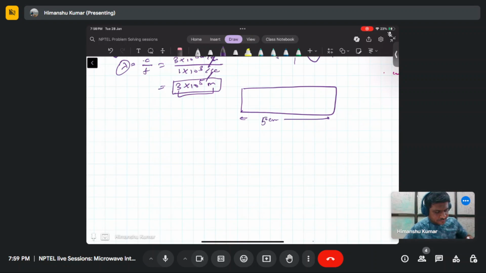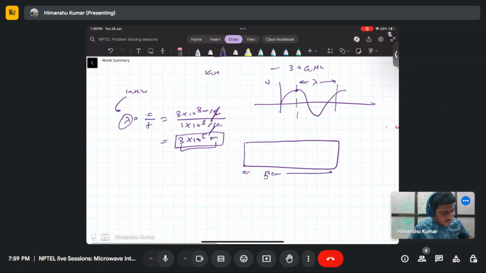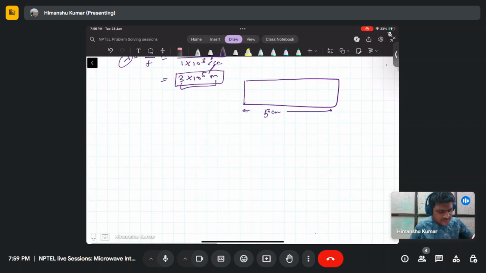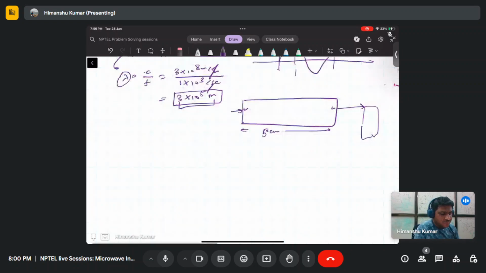If your frequency is 1 kilohertz, your wavelength is very large, and if this line drives some load or resistance, you won't see any variation in the voltage you apply, because the wavelength is much larger compared to your line length.